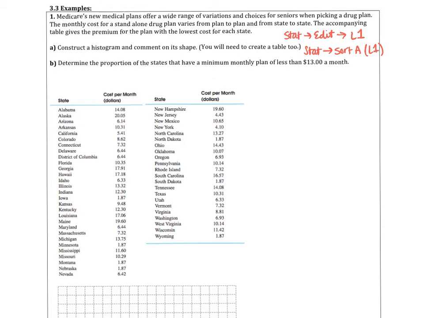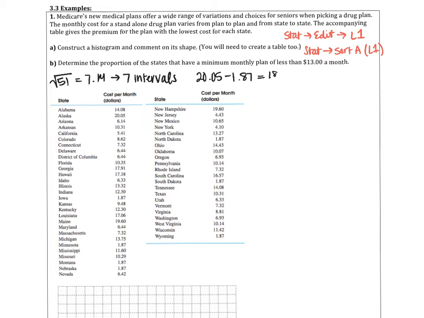Okay, so to determine the proportion of the states, or to construct the histogram, I'm going to take the square root of 51, and I get 7.14, which lets me know I'm going to have 7 intervals. My range here is from 20.05 to 1.87.